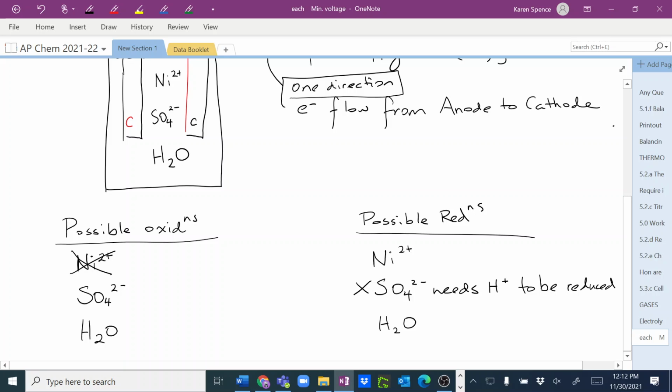Yes? Sometimes you'll have a metal electrode that could undergo oxidation, and that's a possibility, but not here. Here our electrodes are inert. So we really only have two choices for each of them: sulfate and water, and nickel and water. So let's go look those up.